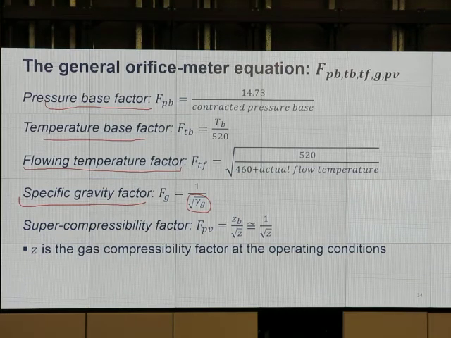Martina, how do I get specific gravity of the gas in the pipe? How? Is it 5.5? Can it be 0.1? Gamma g, can it be 0.1? In general, gamma g can be 0.1.